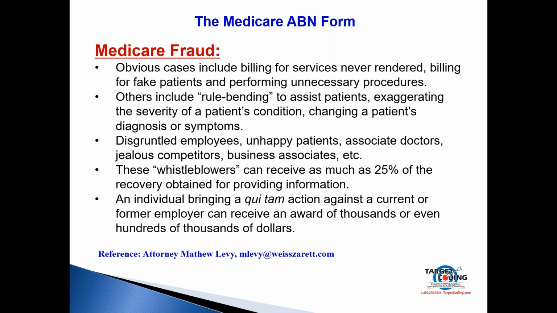They exaggerate the severity of the condition. The patient has mild neck pain, and the doctor puts in a herniated disc in the neck. They're changing the diagnosis. Disgruntled employees and unhappy patients could cause havoc in your office. Having a billing and coding policy manual prevents it.